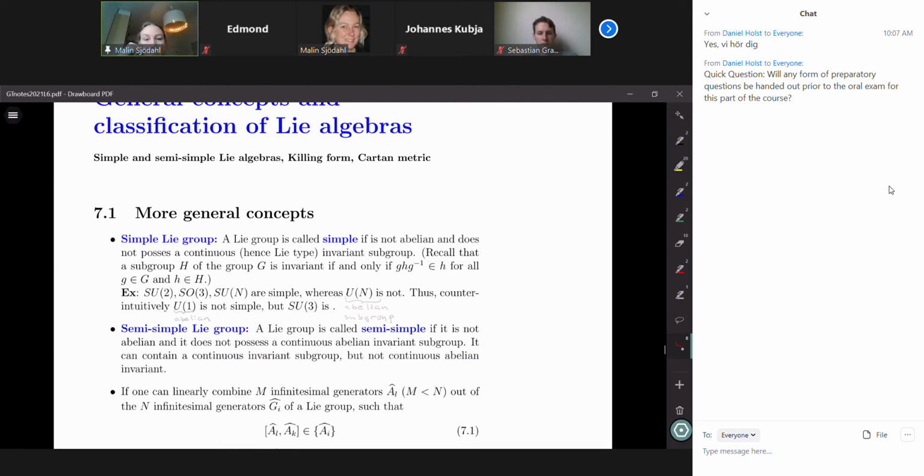You cannot have it in SU(N), and SU(N) is in fact simple. Furthermore, of course, not even U(1) is simple because it is abelian in itself, and the simple groups are not allowed to be abelian. But SU(2), SO(3), and also SU(N) are simple.